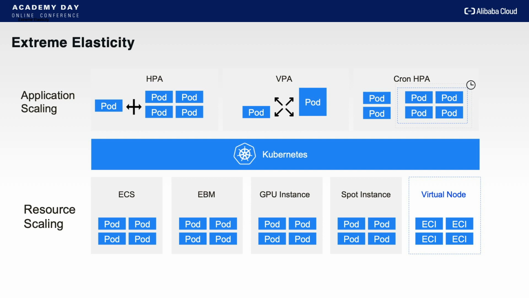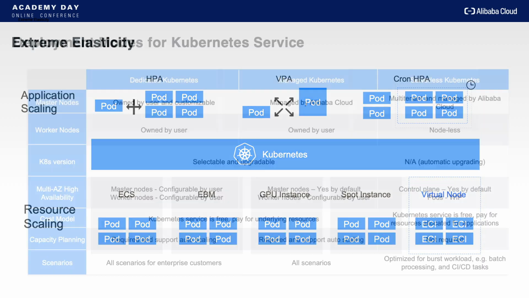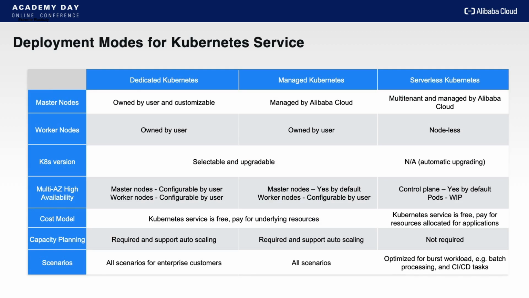And for the application that has a peak hour periodically, we can leverage the Cron HPA controller to define the scaling policy with CronTab. ACK provides three types of Kubernetes cluster: dedicated Kubernetes, managed Kubernetes cluster, and serverless Kubernetes.